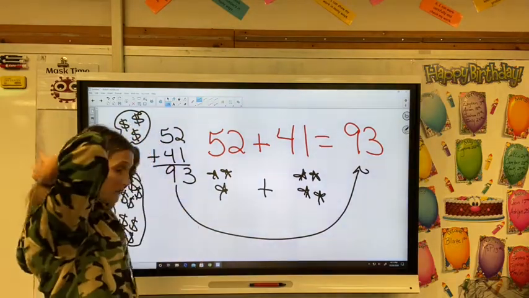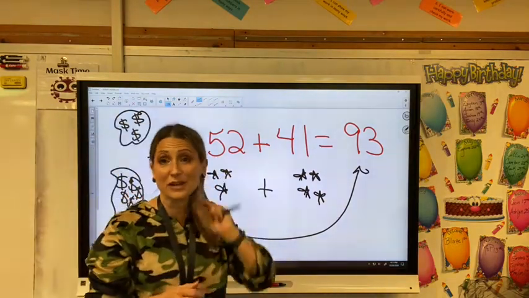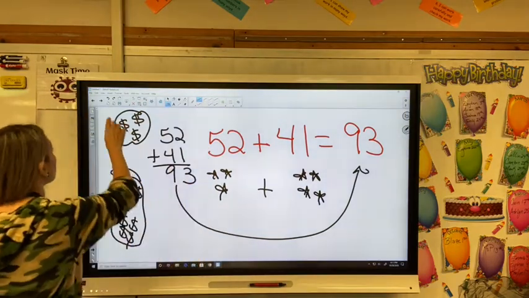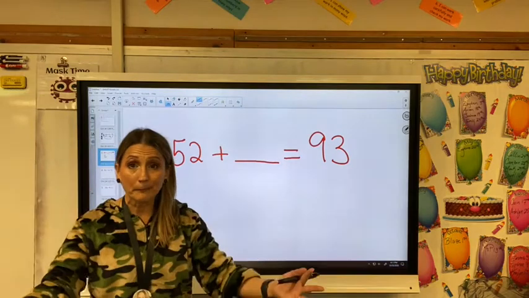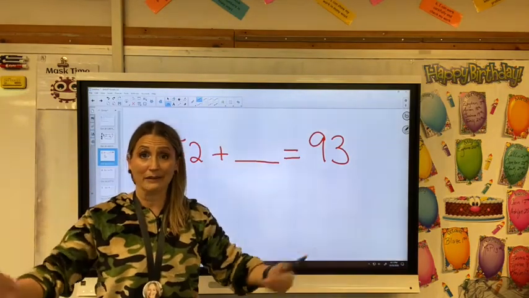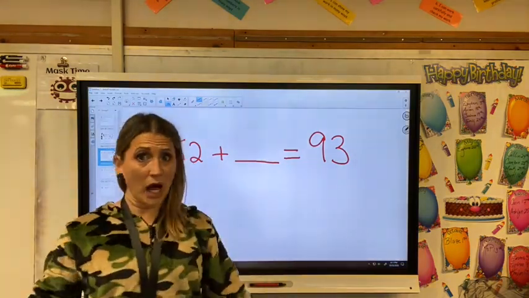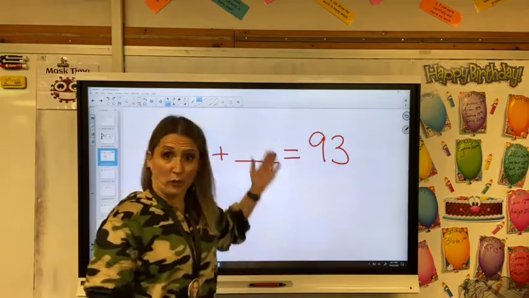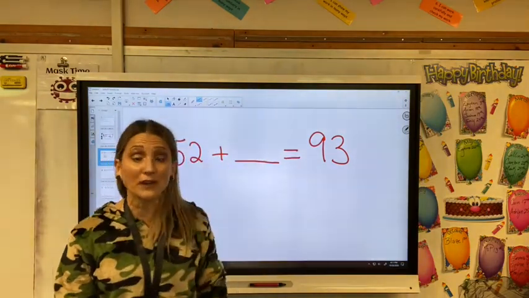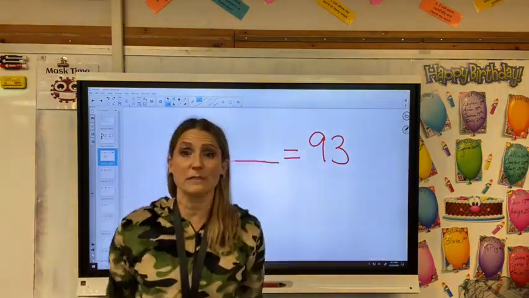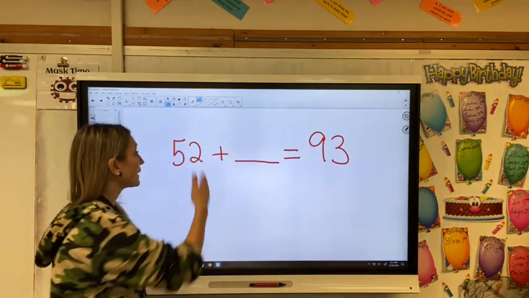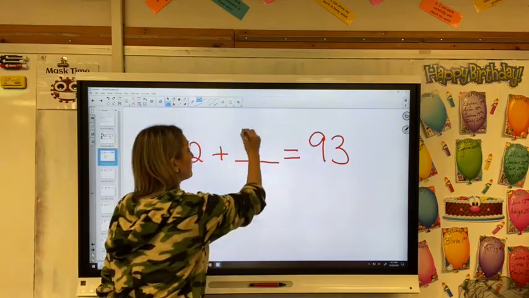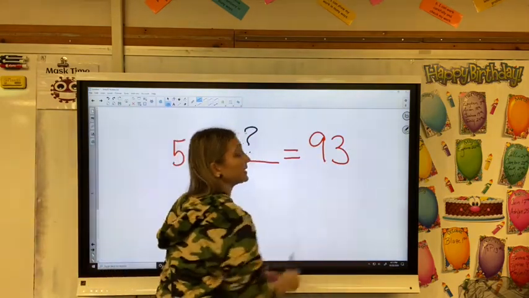Well, as you moved on then, sixth graders, sometimes you got to a teacher who said a problem to you as, well, 52 plus blank gives me 93. And you're like, what? What's that? What goes there? And hopefully, fingers crossed for Mrs. P, your teacher told you a way that you could figure out 52 plus blank gives you 93.